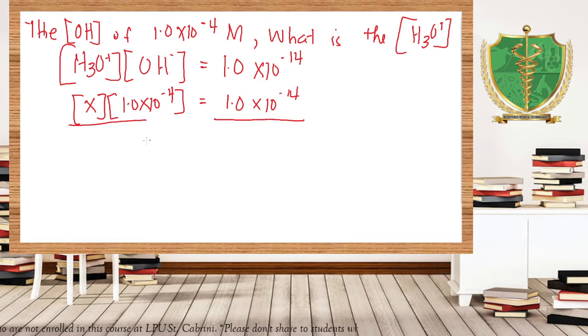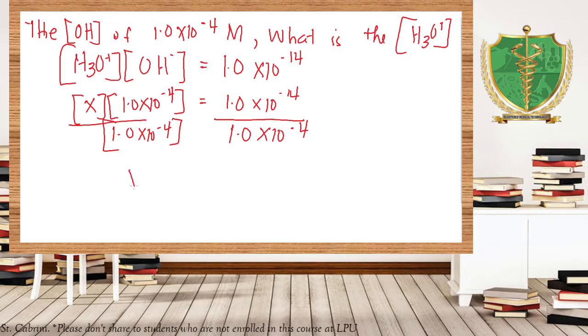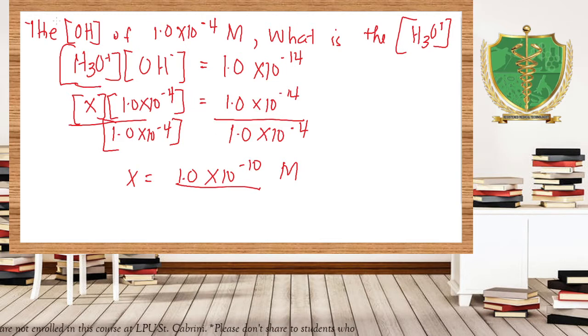Divide both sides by 1.0 times 10 raised to negative 4. Then X will give us 1.0 times 10 raised to negative 10. Therefore, this is the concentration of hydronium ion in the solution.